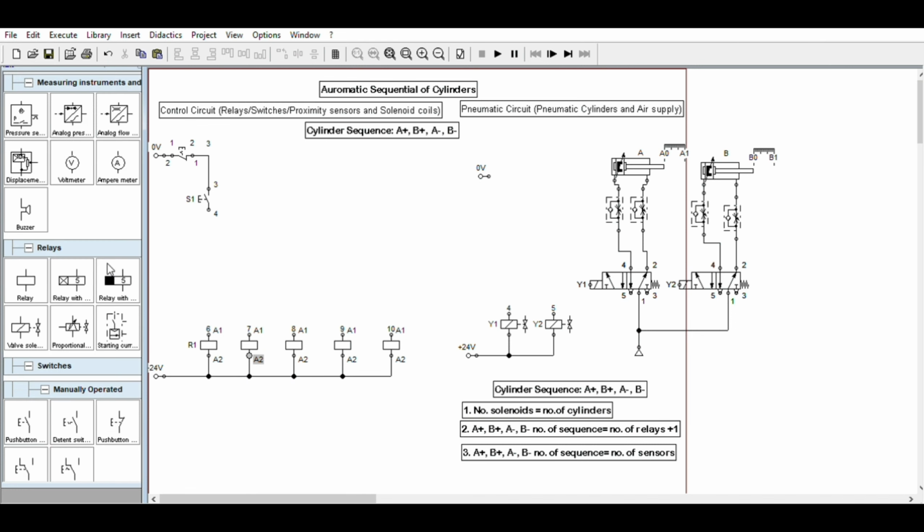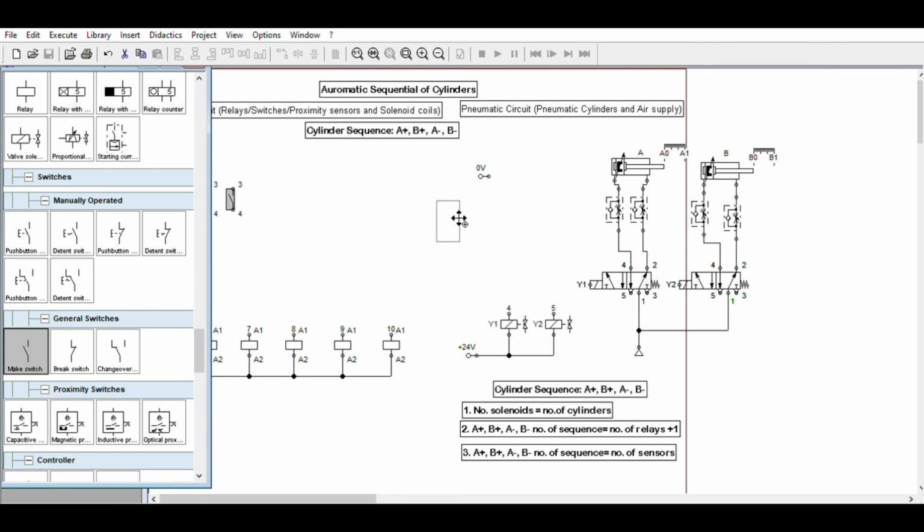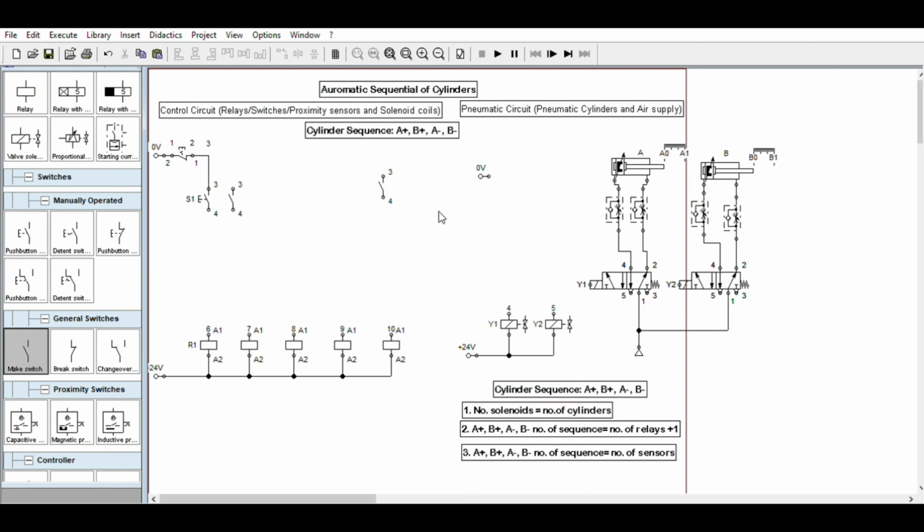Next, we have to latch all the relays. So you are going to add the latch to all the relays, the holding contact. And the rule there is to latch the relays except the last one.